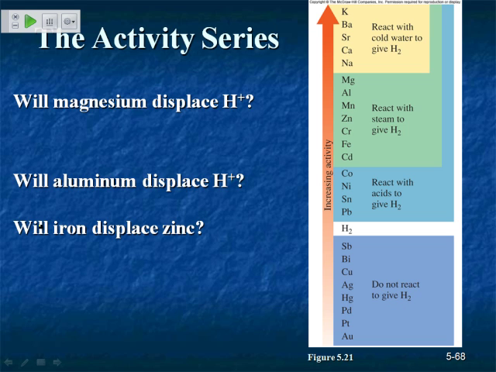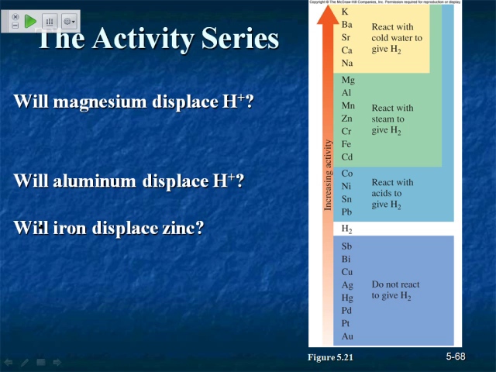The way we use this is, any metal on the top can displace something below it from solution. That's the only way it will work. A metal can displace another metal below it on the activity series from solution.